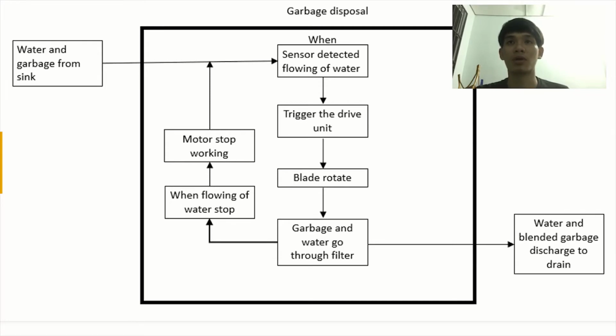The garbage and water go through the filter and discharge to the drain. If there is no more water flow in the system, the motor stops working and will trigger again when the sensor detects the flowing of water.